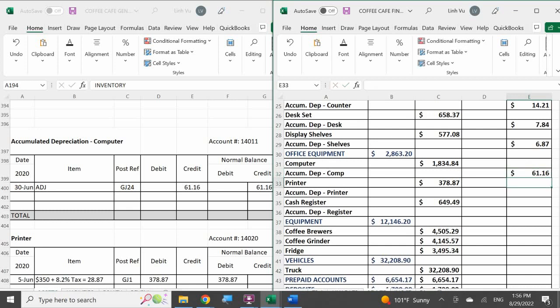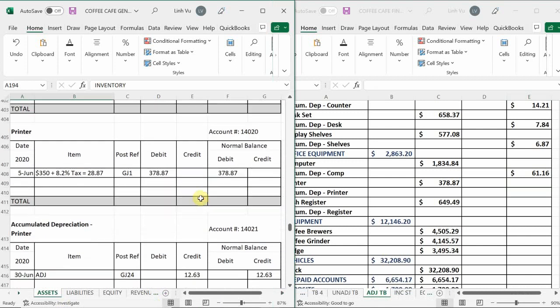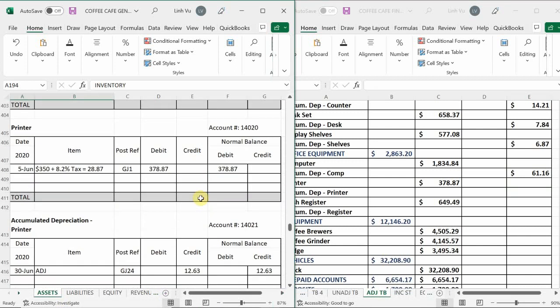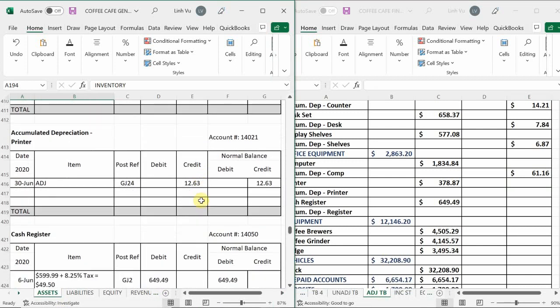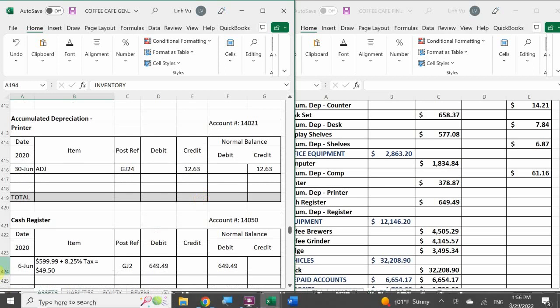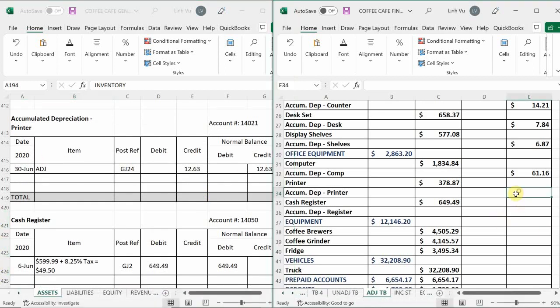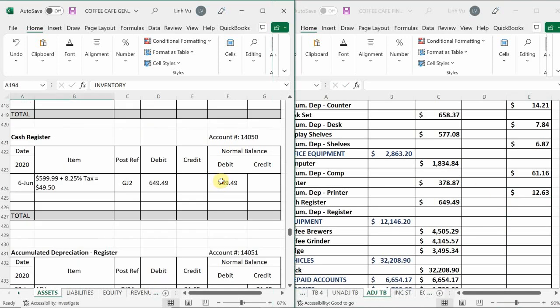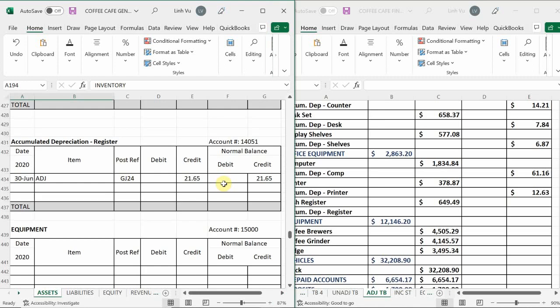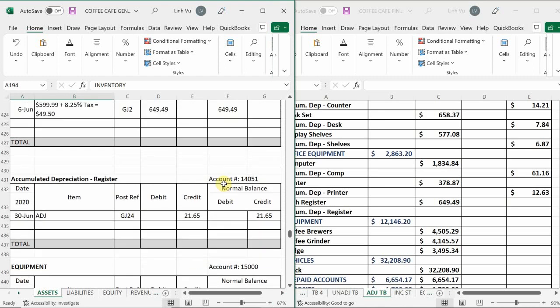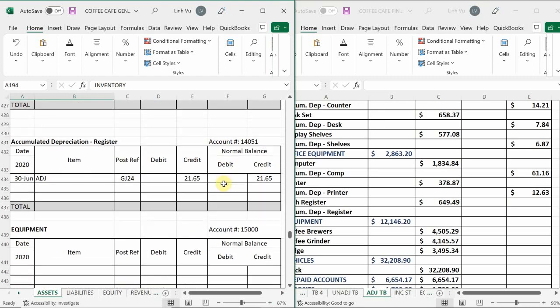Next one I have here is my printer at $378.87, and my accumulated depreciation was $12.63. Okay. And then of course for my cash register, right, it's still at $649.49. My accumulated depreciation is $21.65.